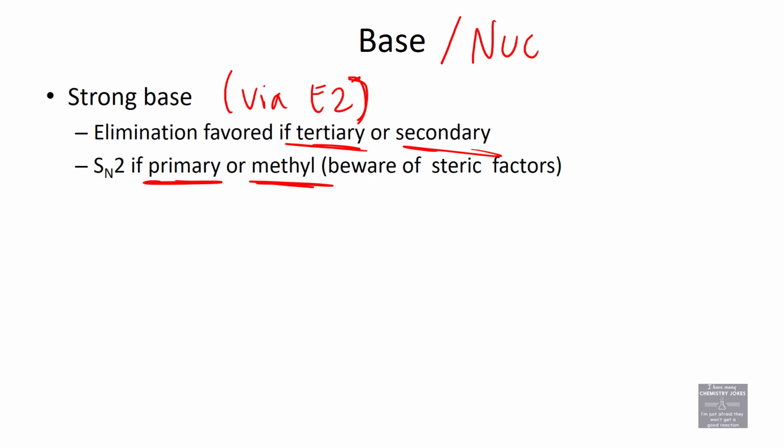Strong bases, who are the strong bases? Well, you have this acid-base chart memorized in your little brains, and we go from strong base toward weak base in that chart. And we're going to draw an arbitrary line that says hydroxide is the weakest base that we will refer to as strong.